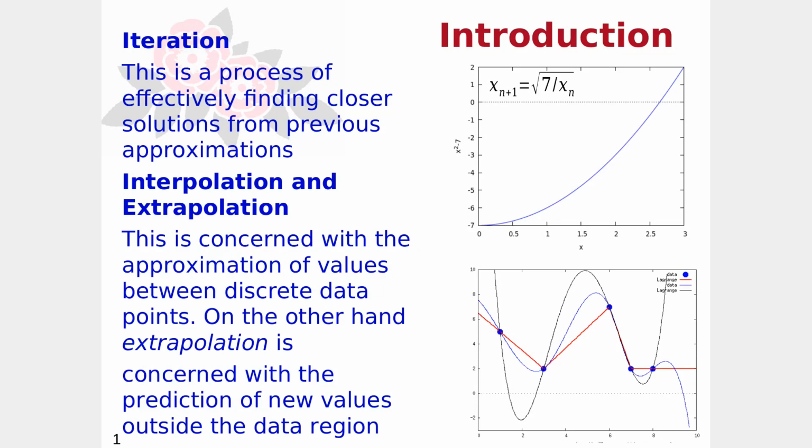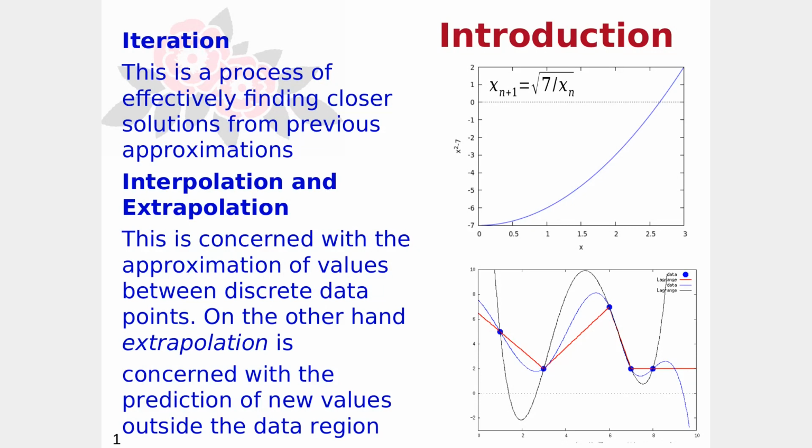Iteration is generally used for this. This is a process of effectively finding closer solutions from previous approximations, and it may use some form of interpolation, but probably not extrapolation.